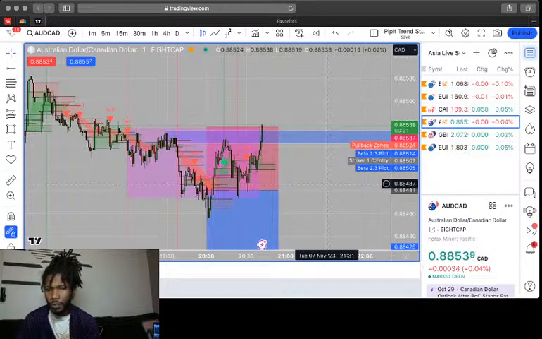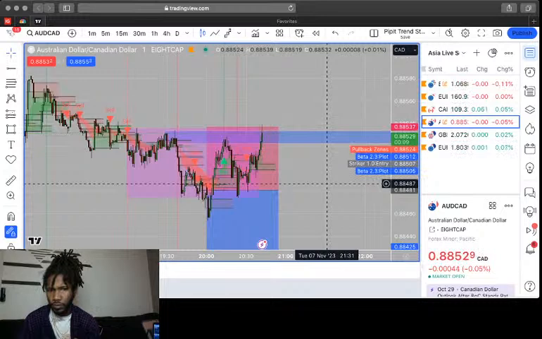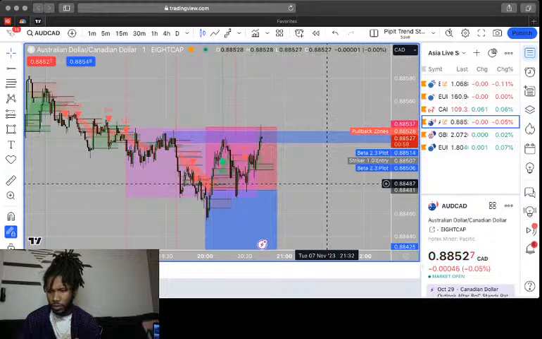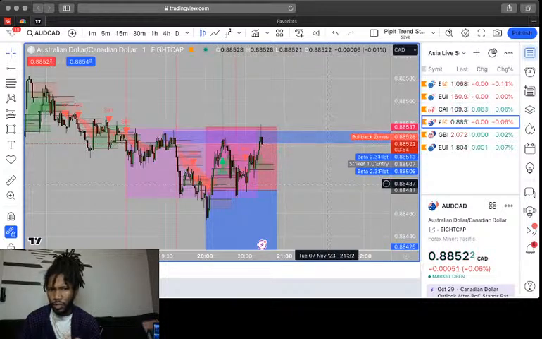Yep, we got stopped out. Did it? Oh no, it didn't. It didn't close us out. It just wicked above. I wonder if price was just going to hold, if that was just a stop hunt to take out those highs.